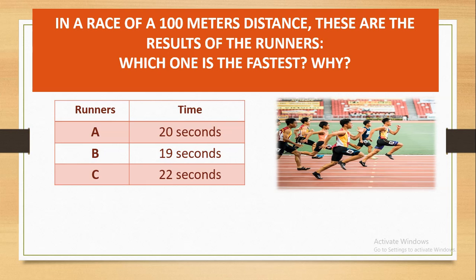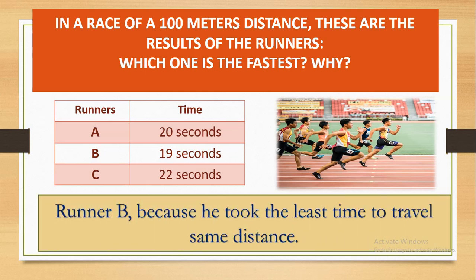What do you think? Yes, runner B, because he took the least time to travel the same distance. So A, 20 seconds, B, 19 seconds, and C, 22 seconds. B is the fastest because he took the least time to travel the same distance.